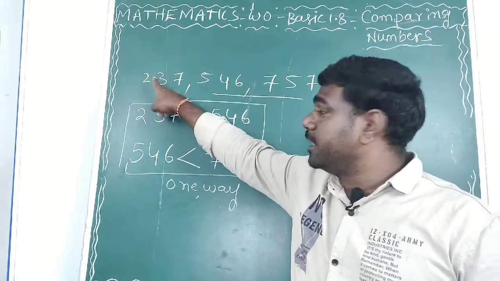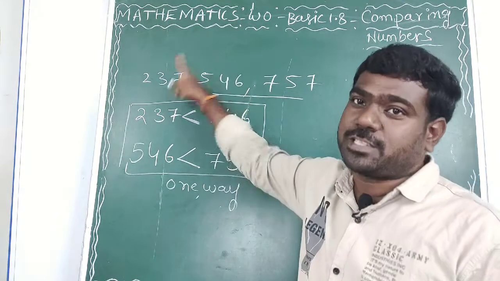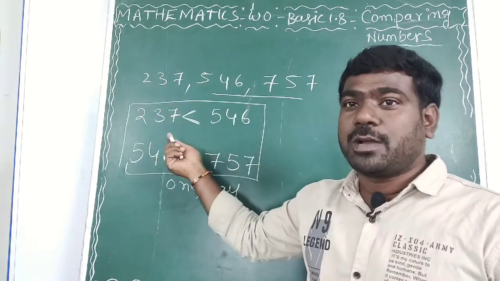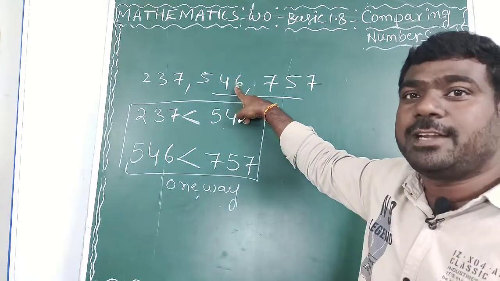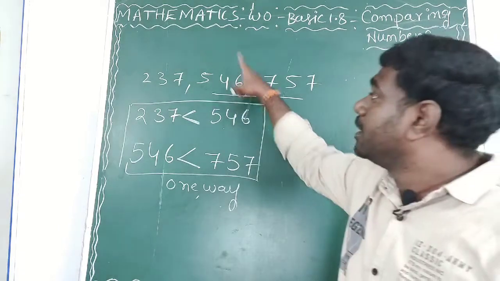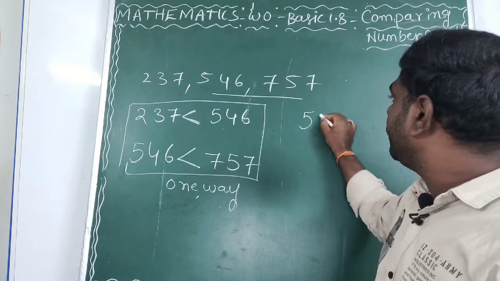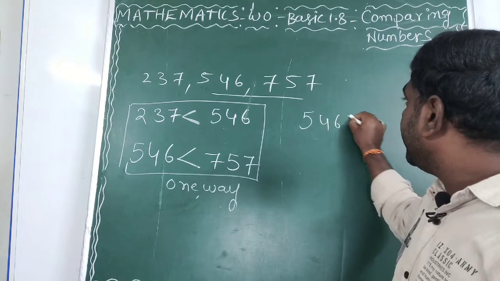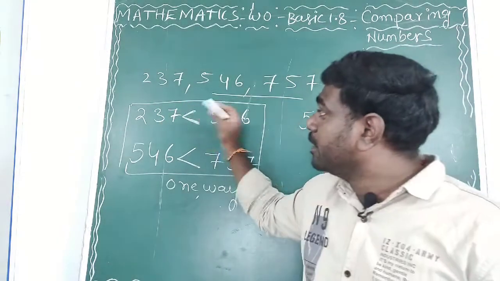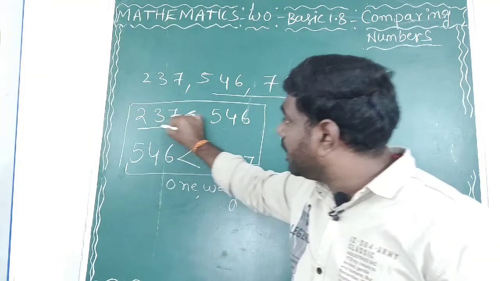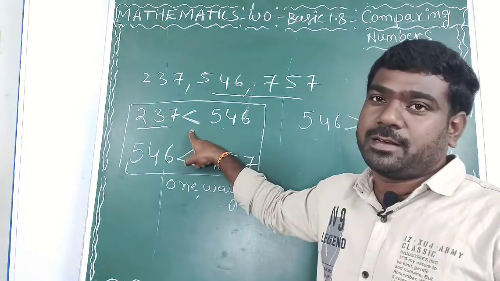Suppose I take the second number compared to the first number. 546 is greater compared to 237. Now what is the symbol? Greater symbol. Remember, the position of the first number represents the symbol, not the second number.